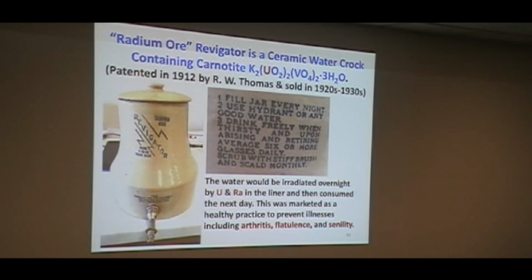But it's not glazed on the inside, because what you were to do is fill this with water, let it sit overnight, and then drink the water the next day. And continue to do that, and it was good for your health. The uranium and the radium would prevent lots of illnesses, everything from arthritis to flatulence, senility, and a whole bunch of other stuff.